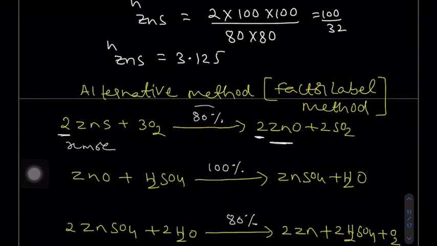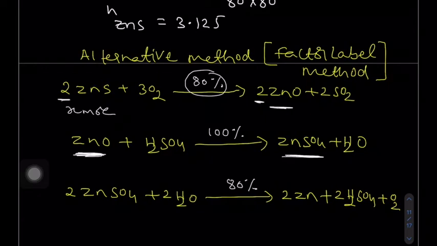From the second equation, 1 mole ZnO gives 1 mole ZnSO4, so we can find the number of moles of ZnSO4, at 100% yield, so expected and actual will be the same. Now in the third expression, 2 moles of ZnSO4 will give 2 moles of Zn. That means 1 mole of ZnSO4 will give 1 mole of Zn, so from that we can find the number of moles of Zn.